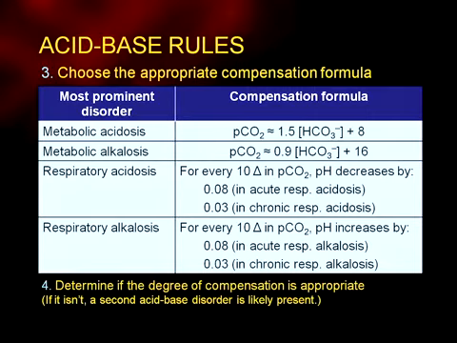Now, with a metabolic alkalosis, when your bicarbonate is elevated, your PCO2 should be 0.9 times your bicarb plus 16. And then with the respiratory acidosis, the question is, how much does your pH change for changes in your CO2? It depends if it's an acute change in your PCO2 or a chronic change in your PCO2.